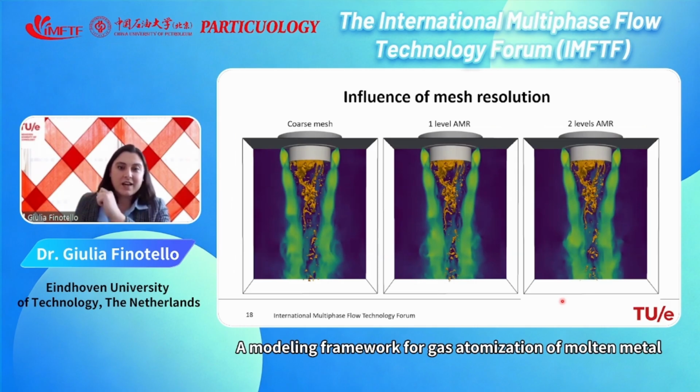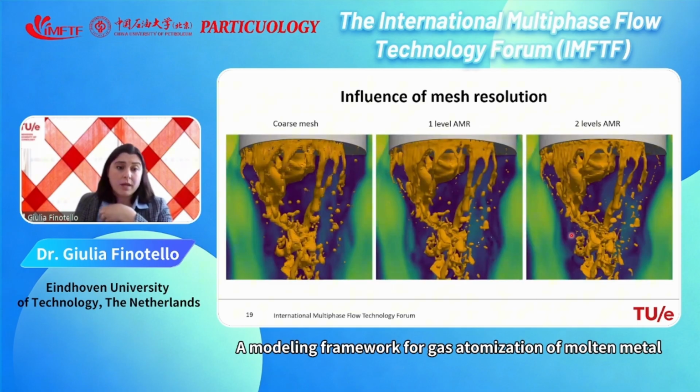to give you a better idea of the spray and the physics behind it. If you look at the influence of mesh resolution, at least in this view, this is the coarse mesh, then we have 1 level of adaptive mesh refinement and then 2 levels. From this side, you see that the spray looks quite the same, and the spray has a conical shape. There is no large difference.